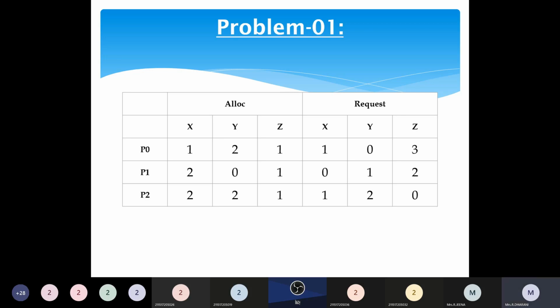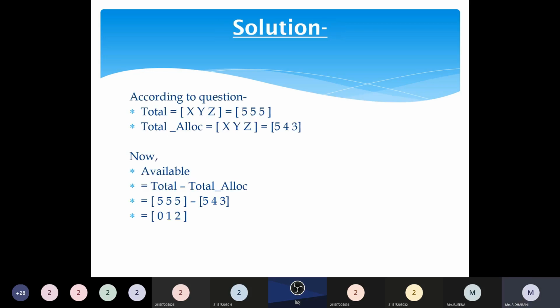Okay. According to the question, there are three resources X, Y, Z, and each has five units of instances. So total allocation X, Y, Z is 5, 4, 3. How will this 5, 4, 3 come? You need to add it.